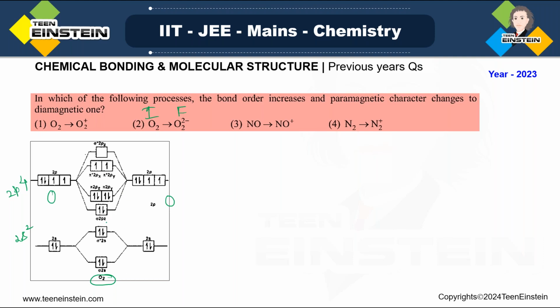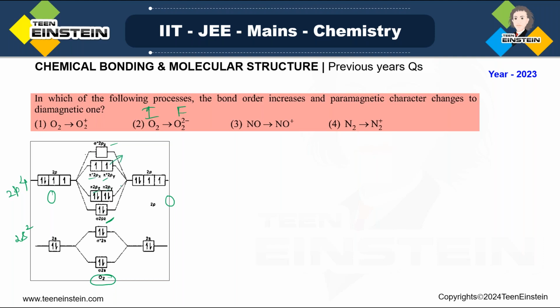If you place all these 8 electrons: sigma, pi, pi, pi star, sigma star. So this is the O2 molecule which is neutral, and here if you consider paramagnetism, it is actually paramagnetic because of 2 unpaired electrons. But when it is converting to O2 plus, you are removing 1 electron.